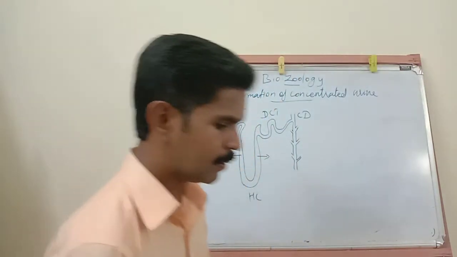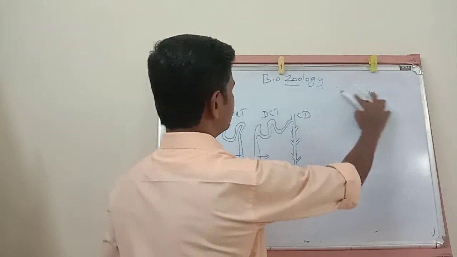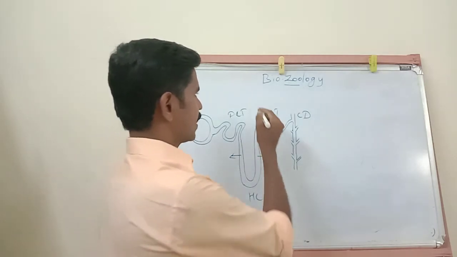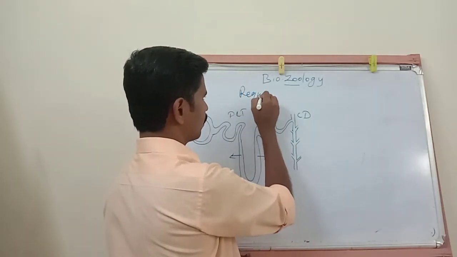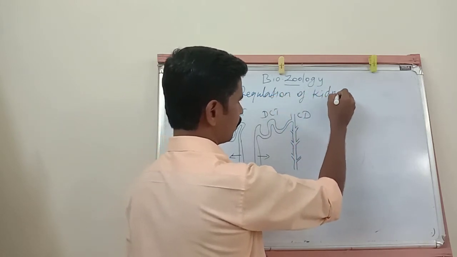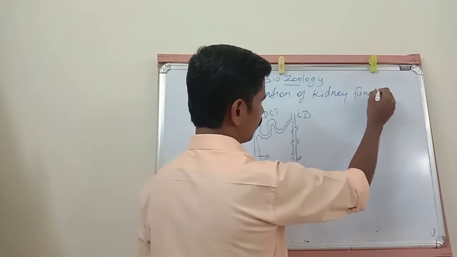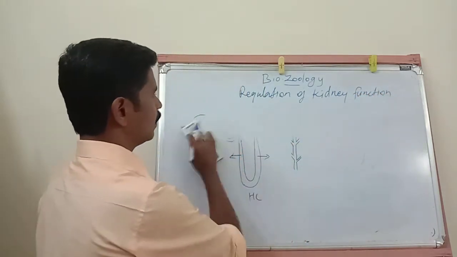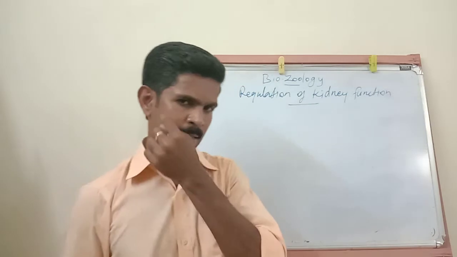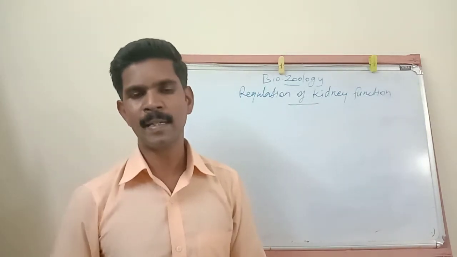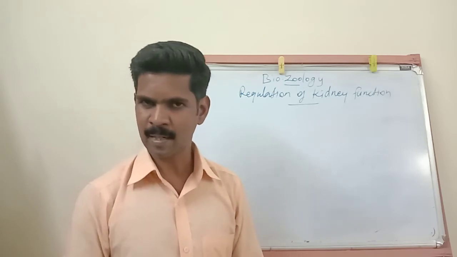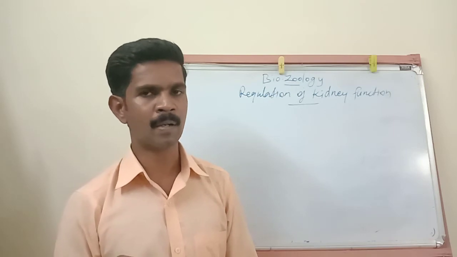Now, the next topic: the regulation of kidney function. First, the function of the kidney is regulated by the hypothalamus region, the juxtaglomerular apparatus, and also some region of the heart.